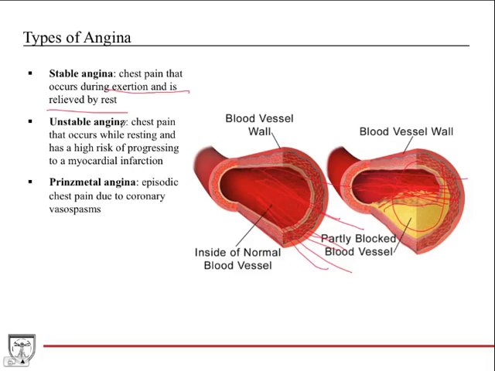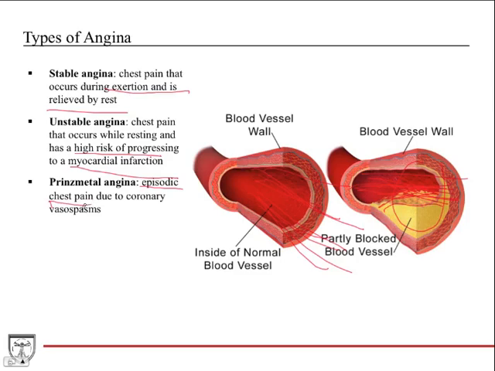It gives you a clue of how little blood flow is really getting to the myocardium in these patients, and that's why they have such a high risk of progressing to myocardial infarction, because eventually that could block off, and then you don't get any blood flow, and that's what leads to ischemia and necrosis.